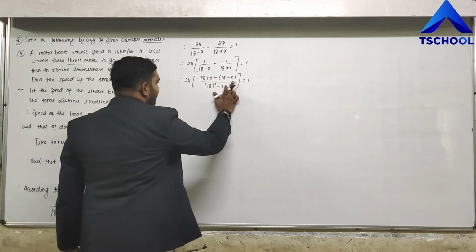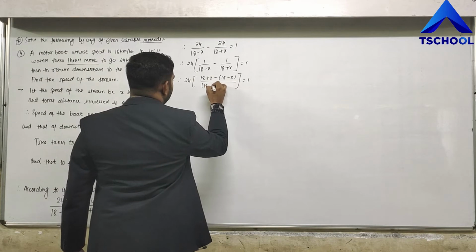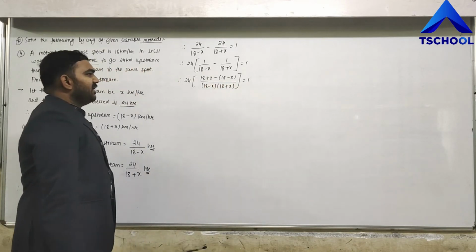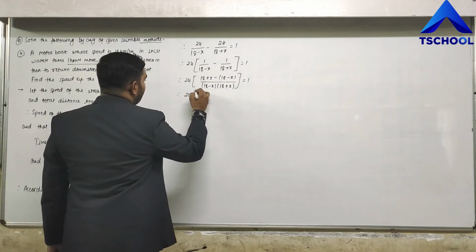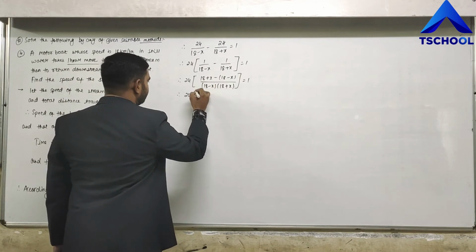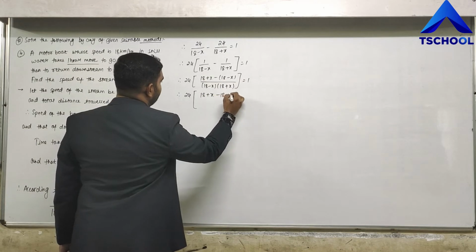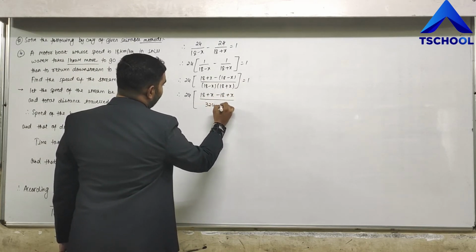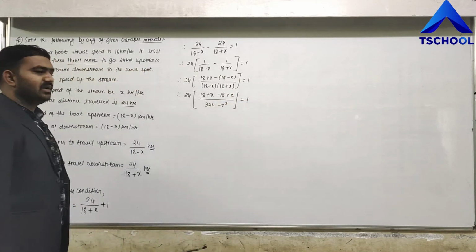See, if you are not getting this, let me write down one more step here, so that you can clearly come to know, that is 24 into, let us simplify this now, 18 plus x minus 18 plus x upon, that is 324 minus x square is equal to 1, right?